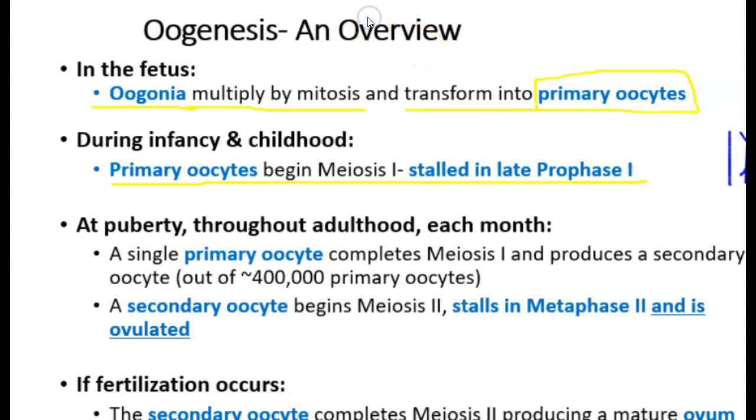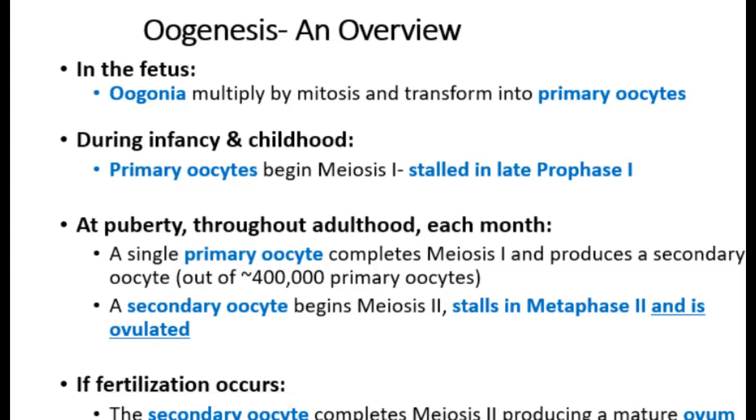If I draw my centromeres in here, this picture might make more sense to you. I'm going to put a centromere there and a centromere there. And what we have are two homologous chromatids crossing over and exchanging information. So synapsis has happened. This is where everything is arrested in prophase 1 until puberty.